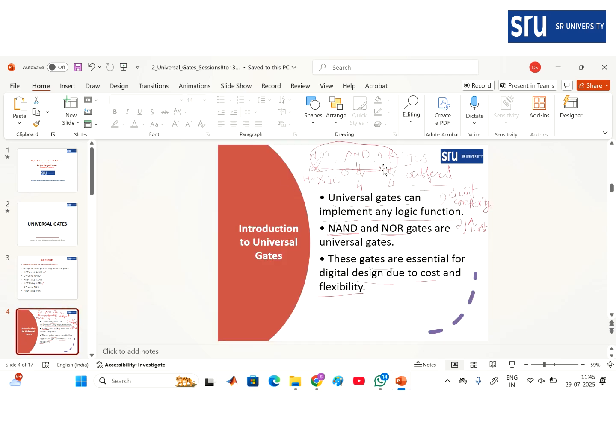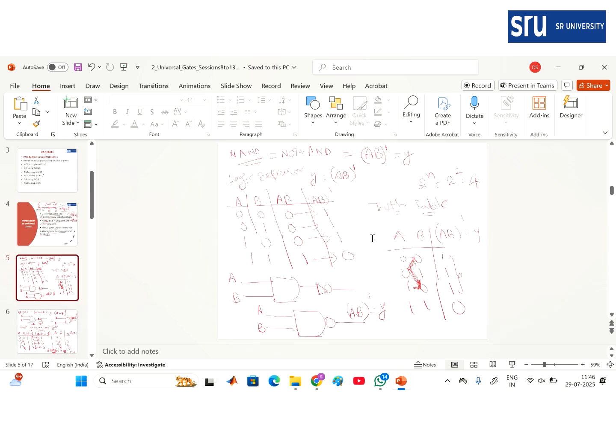So first, how many universal gates are there? Two universal gates. Why are they used? That is flexibility and cost effectiveness. Then we have the definition for NAND gate. That is a basic logic expression, circuit diagram, what is the truth table for the NAND gate we have learned.